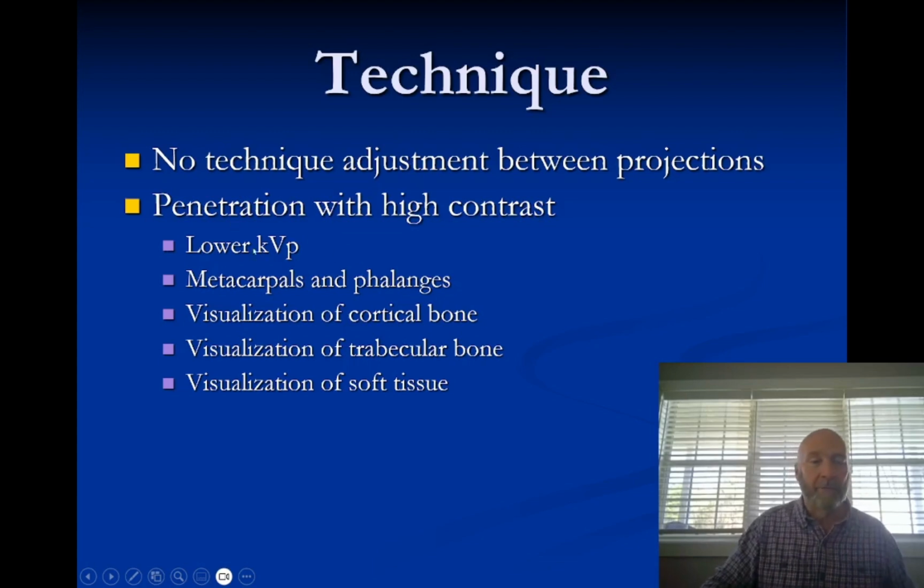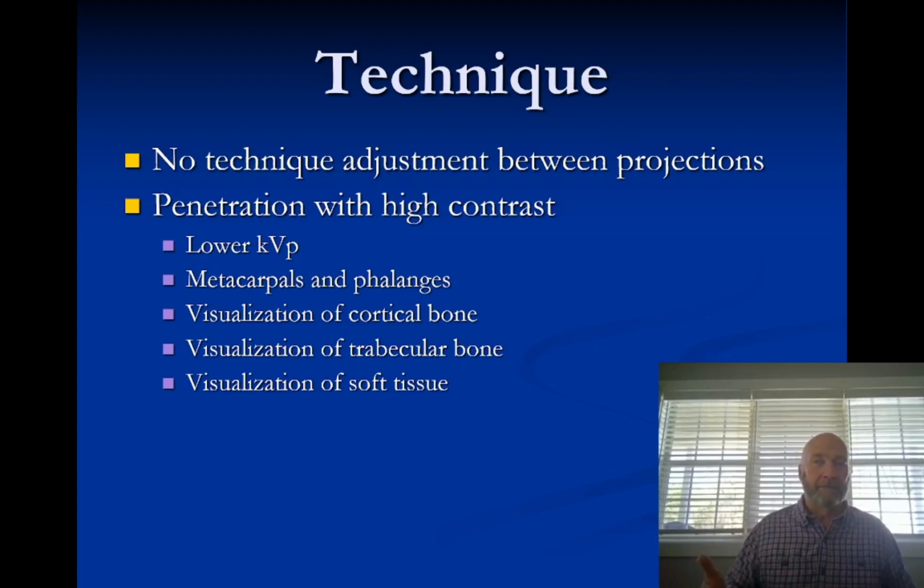We're using lower kVp just because we don't need the increased penetration. High contrast is going to be provided by the computer algorithm, but between individual digits, there's no change in technique between them. I know sometimes some students will get into the mindset, because we start with a chest x-ray, that the laterals always need more technique than the PA, and that's just not true.